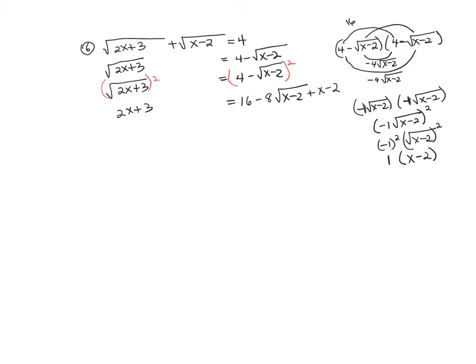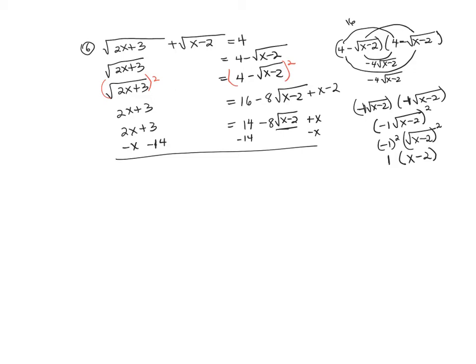Combining like terms, we get 2x plus 3 equals 14 minus 8 times the square root of x minus 2 plus x. We isolate this radical, so we subtract the 14, and we subtract the x.